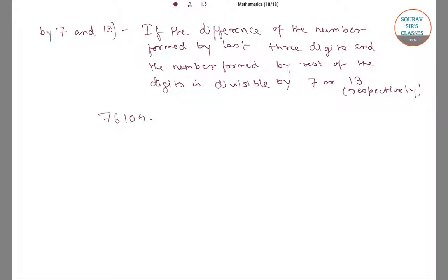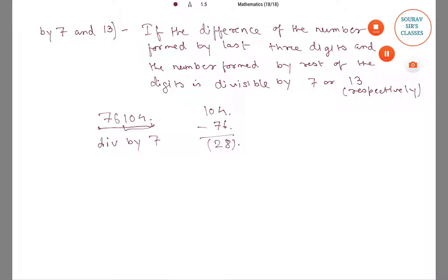The number formed by the last 3 digits is 104 and the number formed by the remaining digits is 76. Now 104 minus 76 is equal to 28. Since 28 is divisible by 7, we can say that our number 76104 is also divisible by 7.